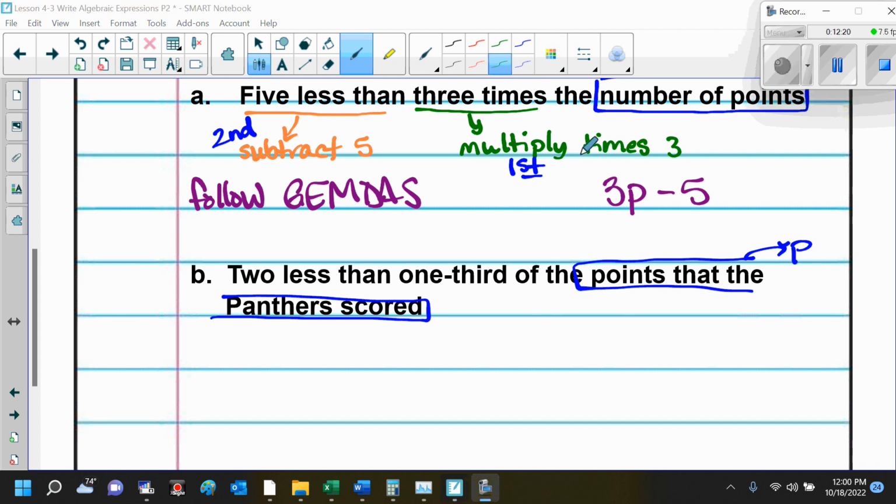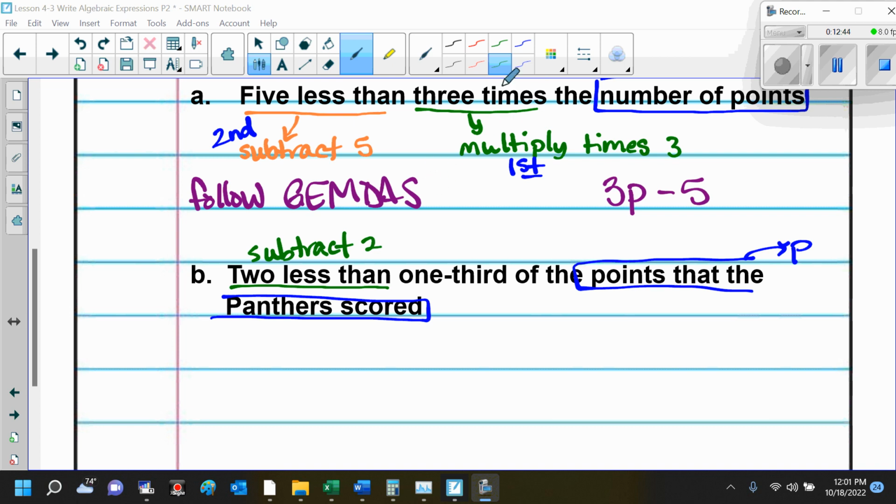Okay? So 2 less than means that we are going to what? Subtract 2, right? Subtract 2. What else is in there? 1/3 of. 1/3 of. What operation is that?